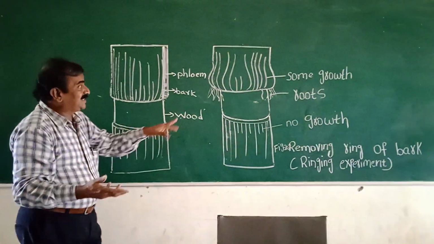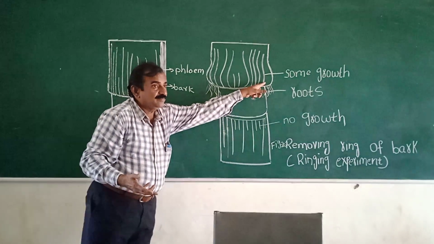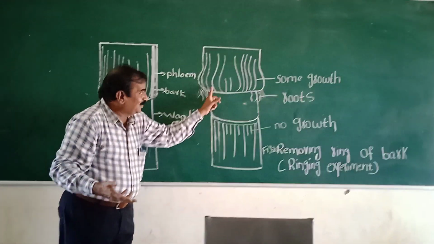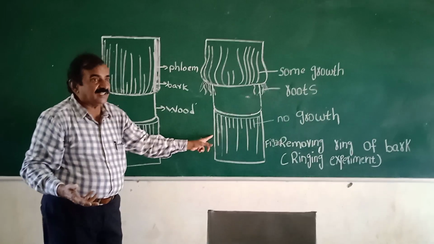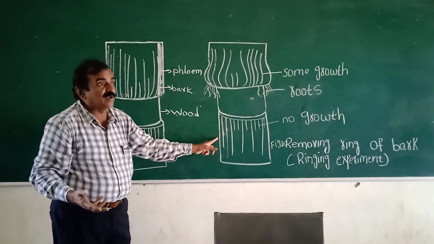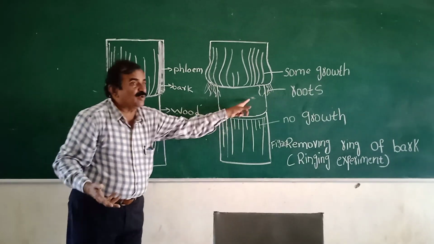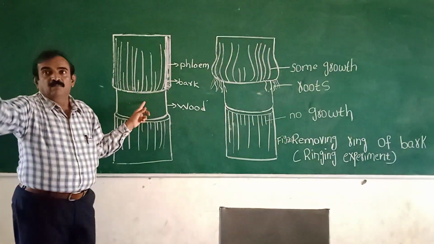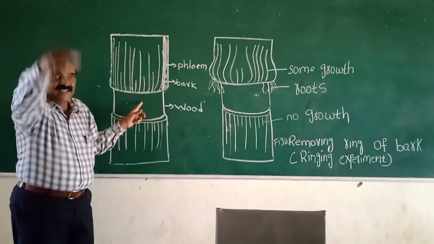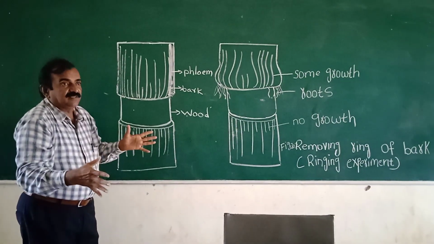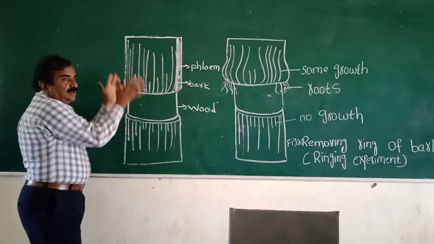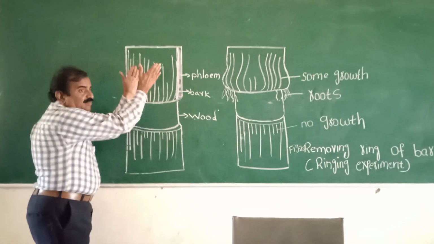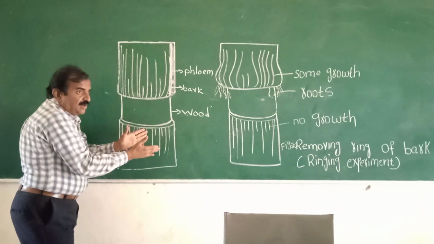After a few days we see food is stored here, but food is not transferred to the lower part of the plant body. Why? Because we removed the bark and phloem. The phloem tissue is damaged, and there is no transportation of food from the upper part to the lower part.